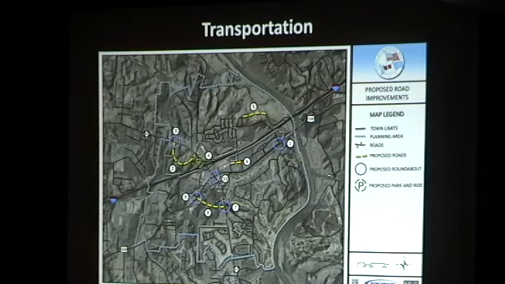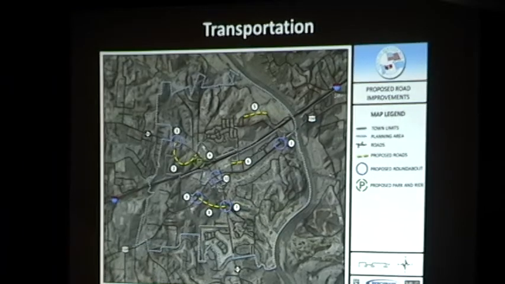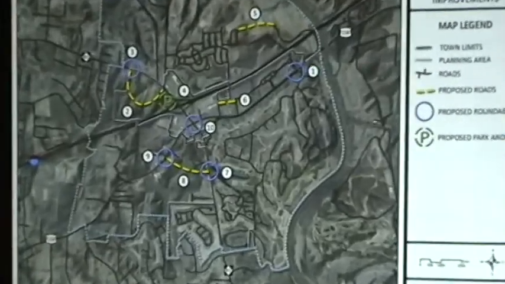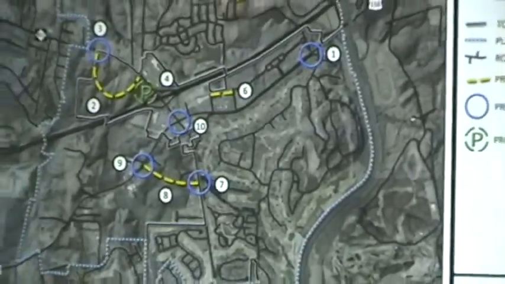Several folks that were involved in the public input process initially mentioned how the roundabouts would be a good way to enter into the town, to slow down, to know that you're entering the town, as a traffic calming measure and as a way to keep traffic moving instead of getting backed up at different intersections. So that's sort of what we've proposed there in the proposed road improvements.